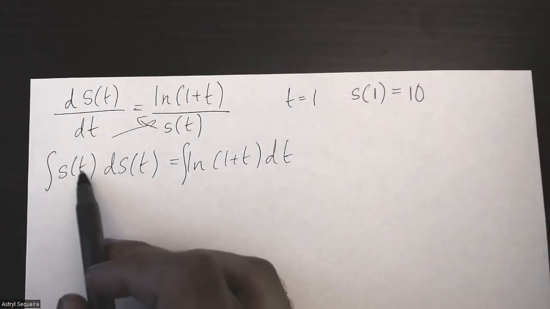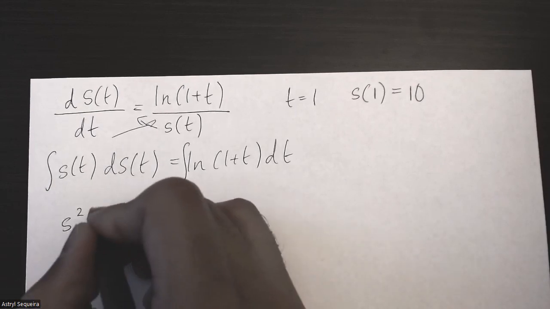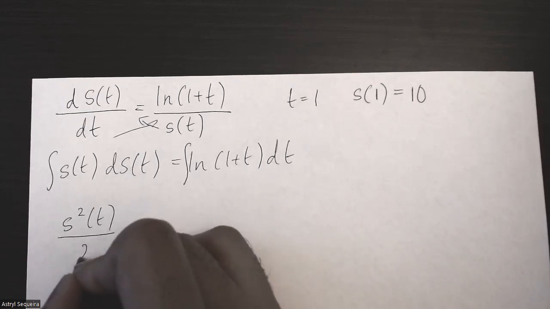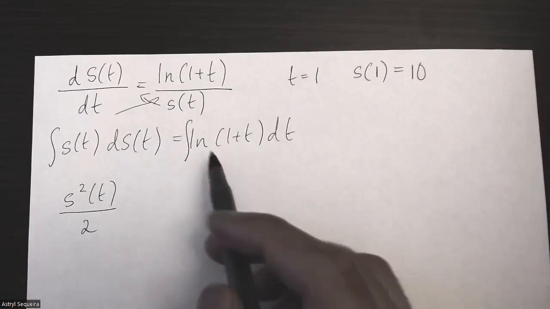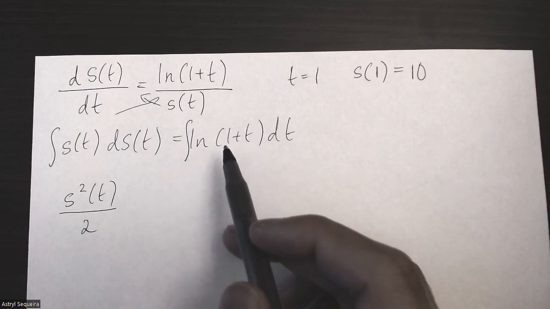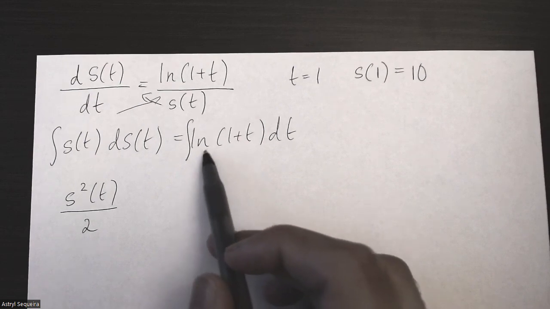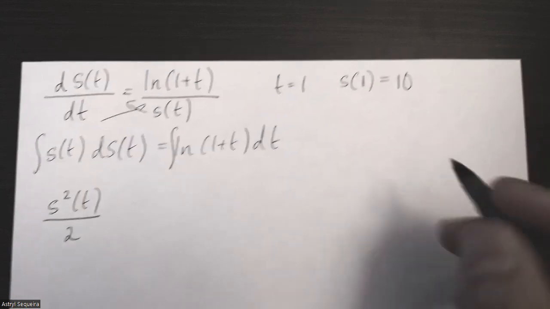The integral of s ds is just s squared divided by 2. And the integral of ln of 1 plus t, we have to do this by integration by parts. So anytime you have a ln equation, it's usually parts.